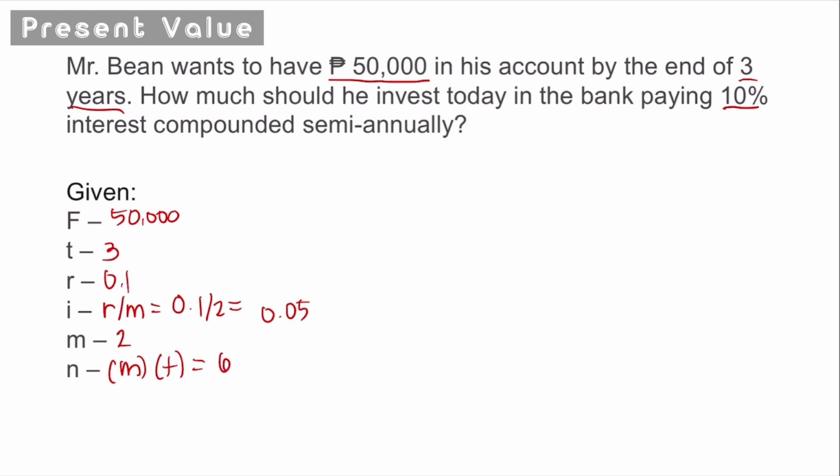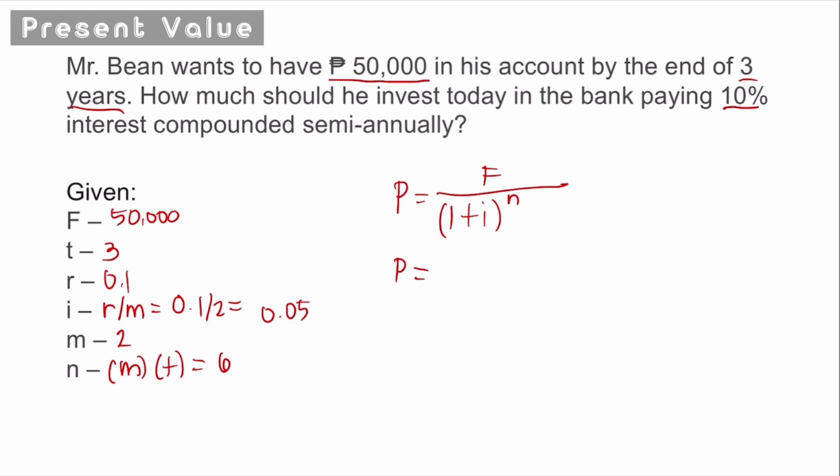Next, since our missing value is the present value or the principal amount, the formula that we will be using is F over 1 plus I quantity raised to N. Now, all we need to do is substitute the given numbers to the formula and compute for the final answer.